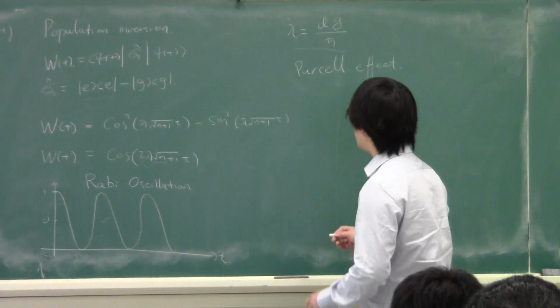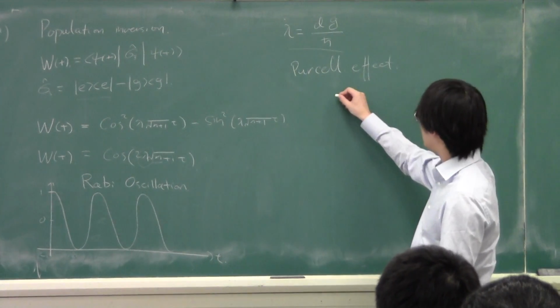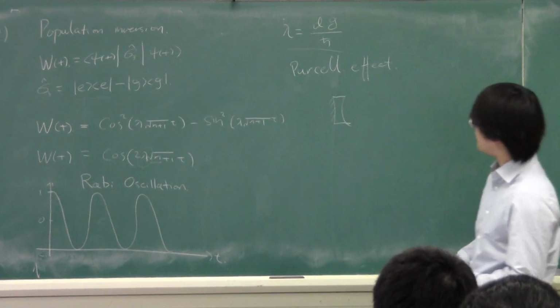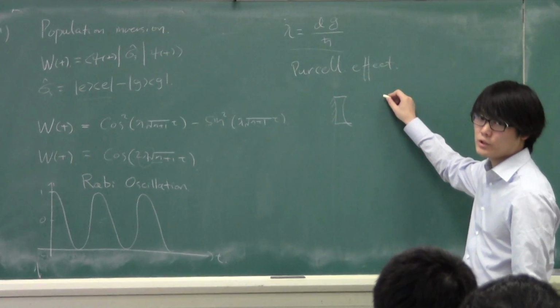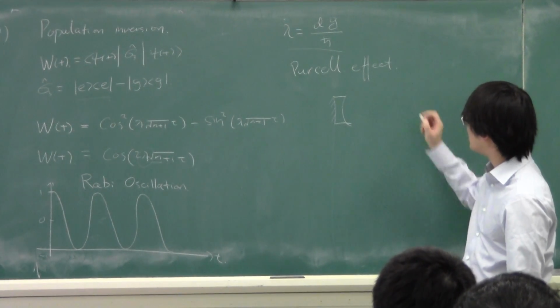Now, it is also possible, based on a simple variation of this, to have a perfectly reflecting mirror on one side, but on the other side some transmission.